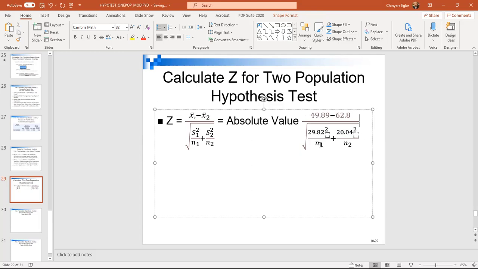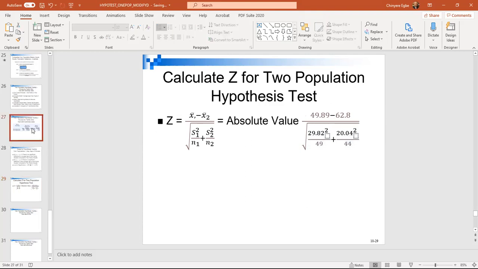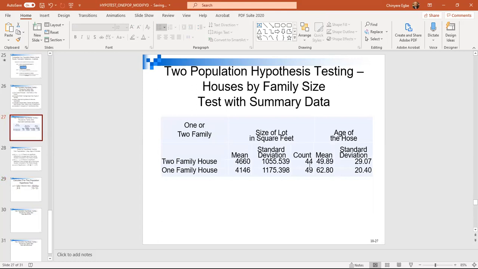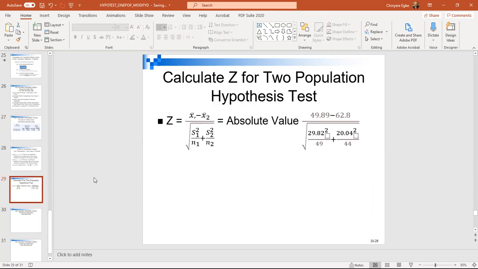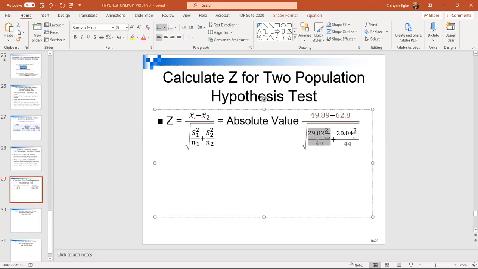All right, divided by n1, which is 44, and n2, which is 49, which we got from the statistics here. I put it the other way around at first. This is 44, and that is 49.